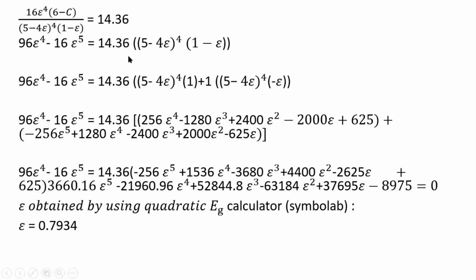Actually, this is the mathematical calculation, and at the end we obtain the value of the extent of reaction using the solver. Because the power is higher, we can use our calculator, and the value of the extent of reaction is 0.7934. When we have obtained the extent of reaction, the equations are easy to solve.